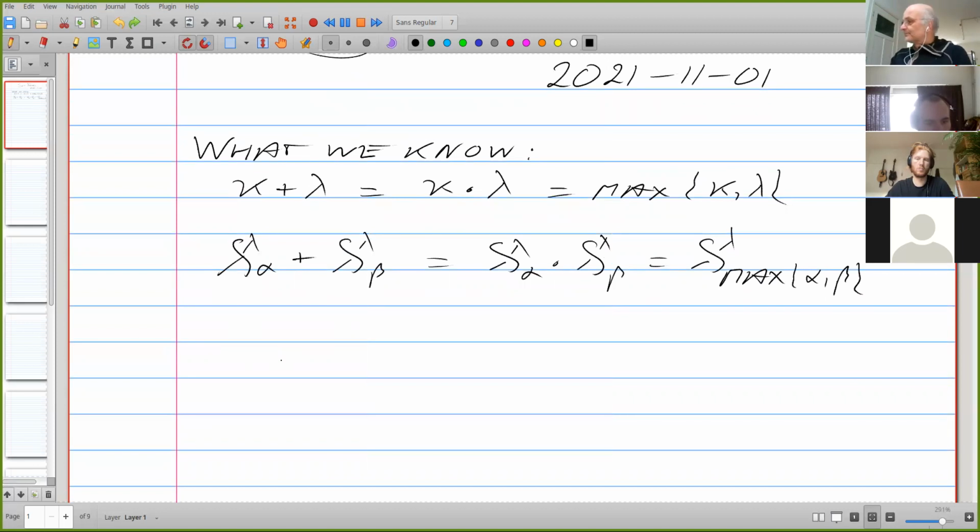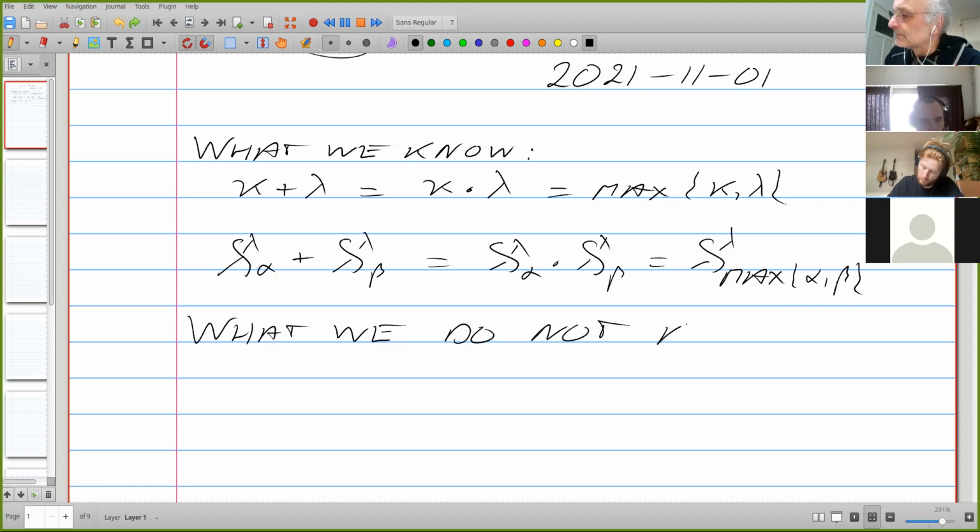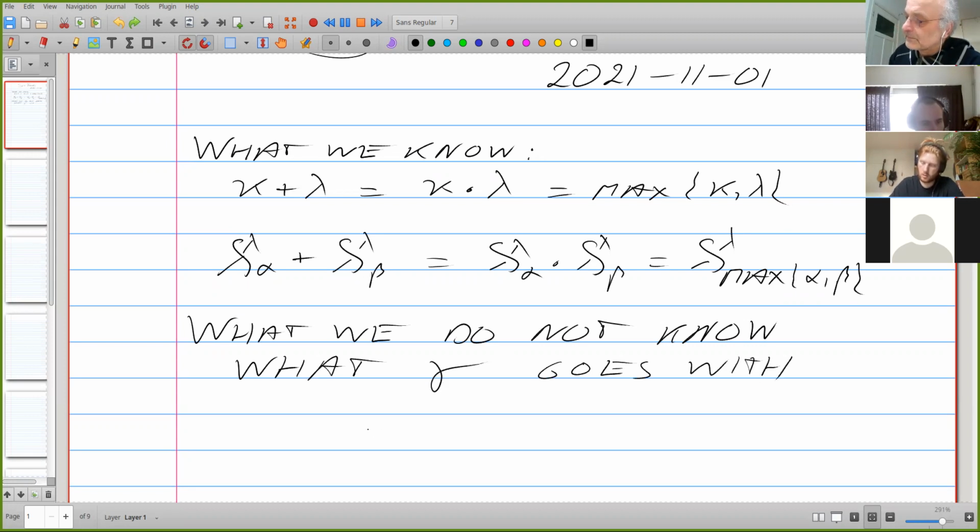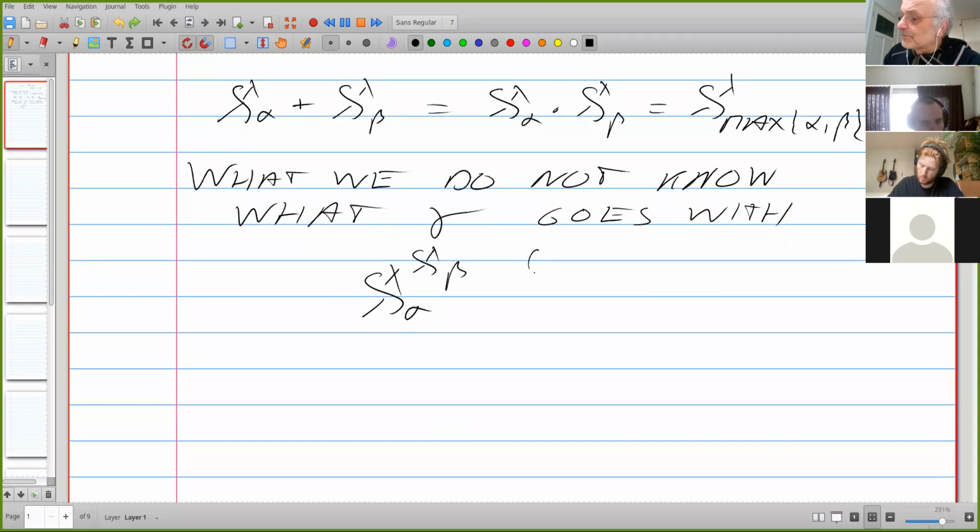Now, what we do not know is what gamma we get when we calculate Aleph alpha to the Aleph beta.